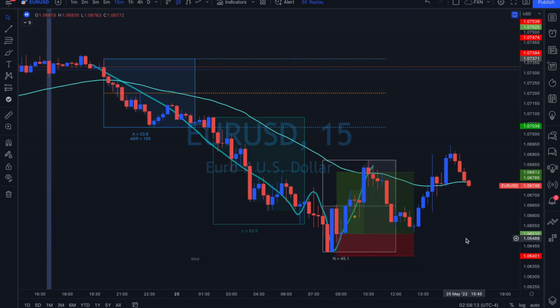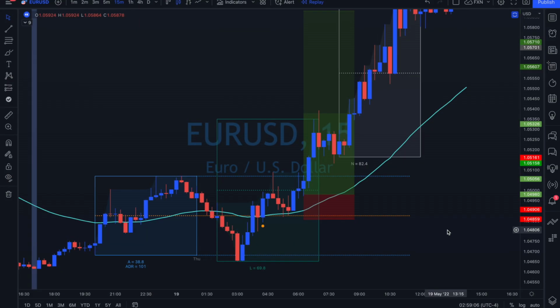Here's another example on Euro USD. We're looking for buys. The intraday trend is going up. And of course, we end up getting here a type 3 pattern. It goes up from the bottom to the top, comes right back down to the middle of the range, gets rejected at the 50 EMA along with being in the middle of the range.